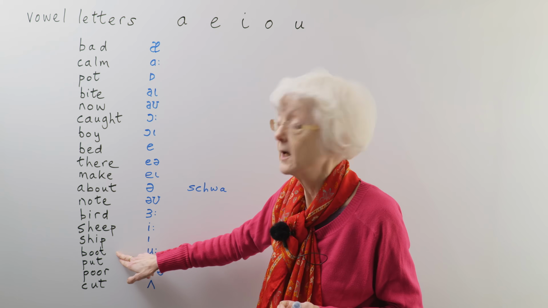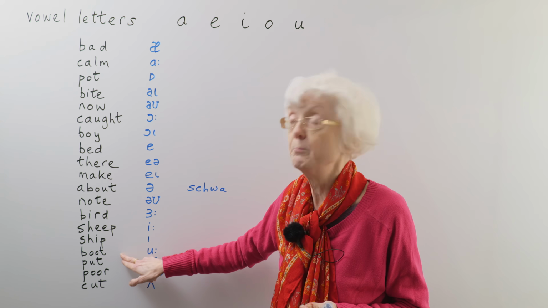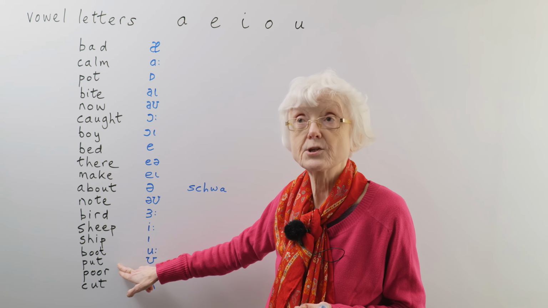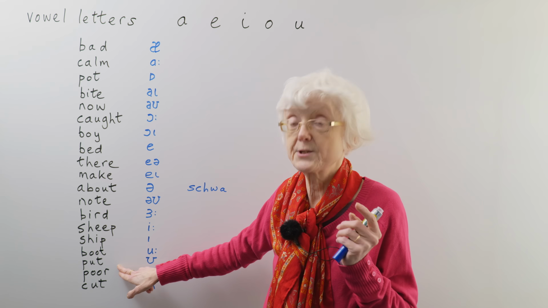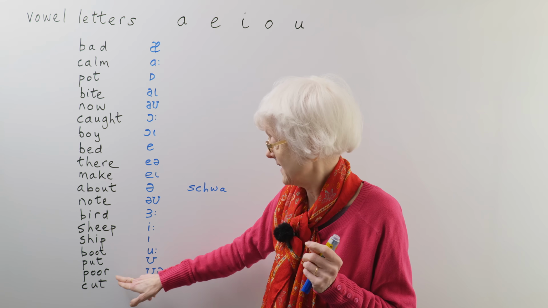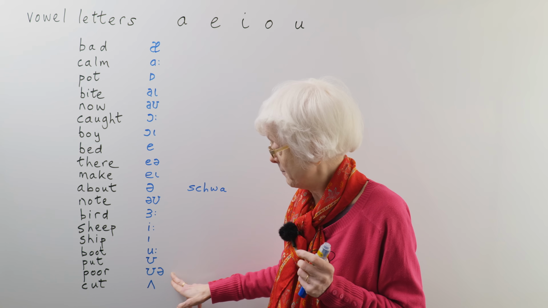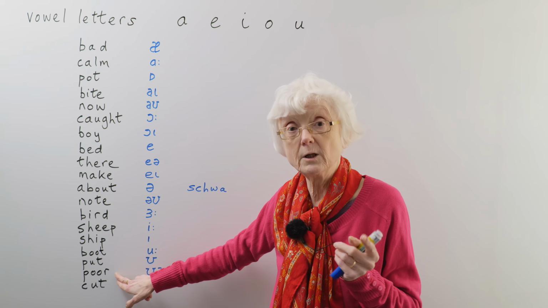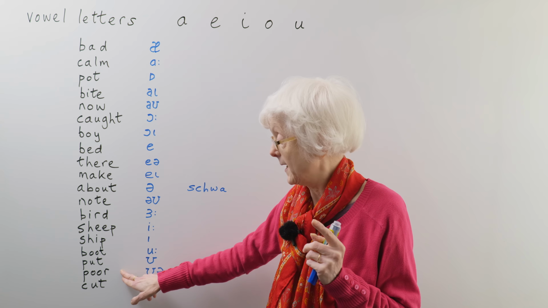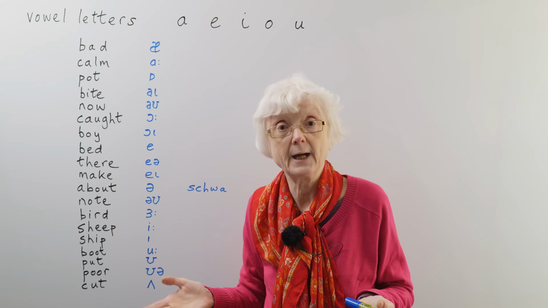Okay. Boot. So oo is a longer sound. Boot. And then put. So that is quite short. Put. And then this one, this is a strange one because I only know this one word that has this particular vowel sound in it, and not everybody pronounces it this way anyway.